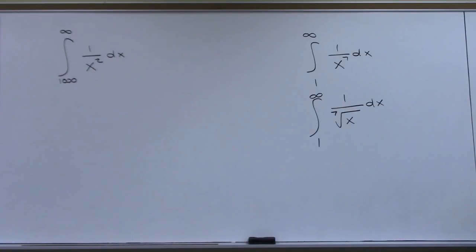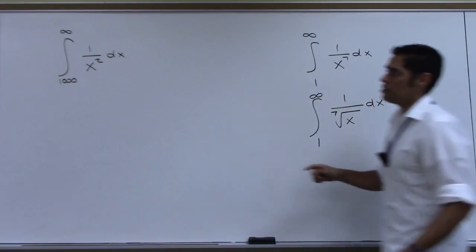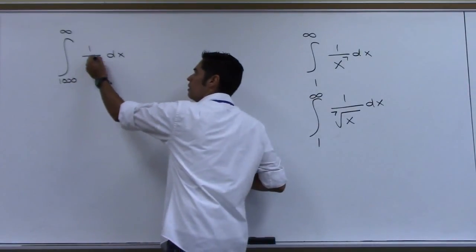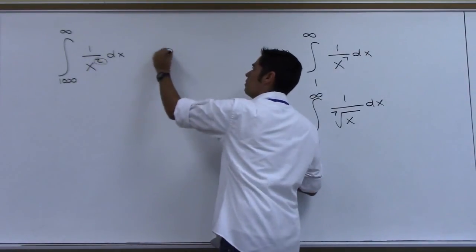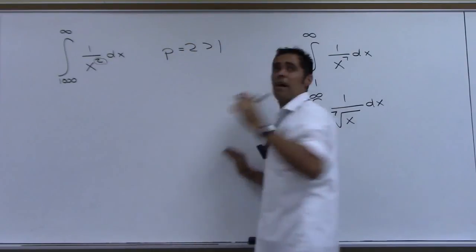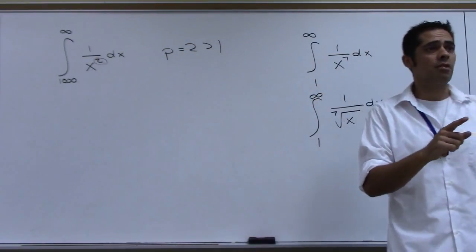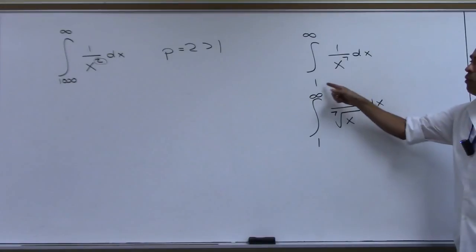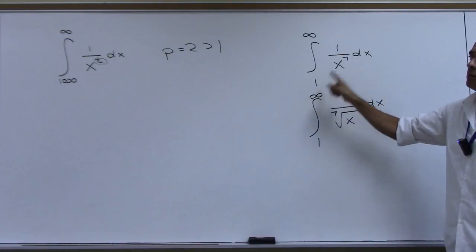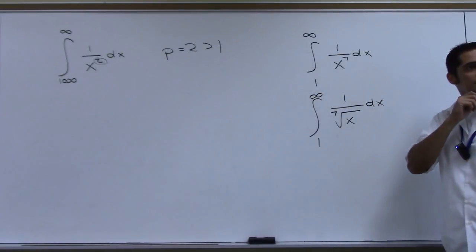You thinking converge? The p is larger than 1, right? P is 2, which is bigger than 1, and according to that it converges. But that's if the integral starts where? At 1, right? But do you think I can still say it converges? Yes.